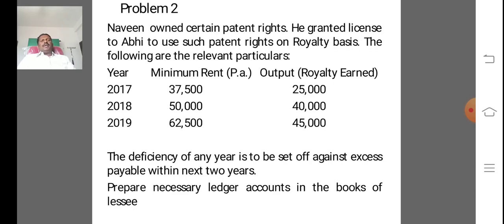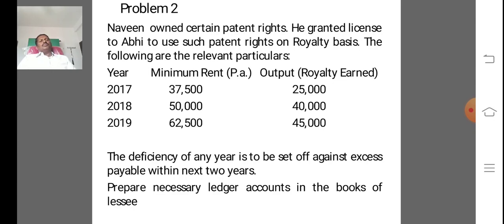The following are the relevant particulars. Year 2017, 18, 19. Minimum rent 37,500, 50,000, 62,500 per annum.